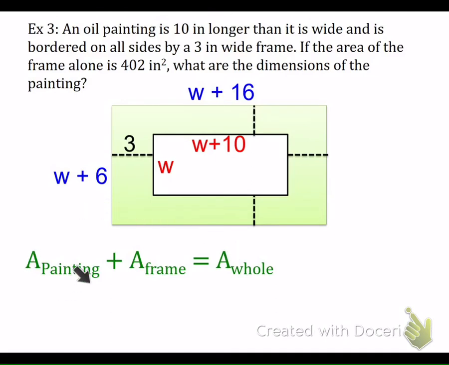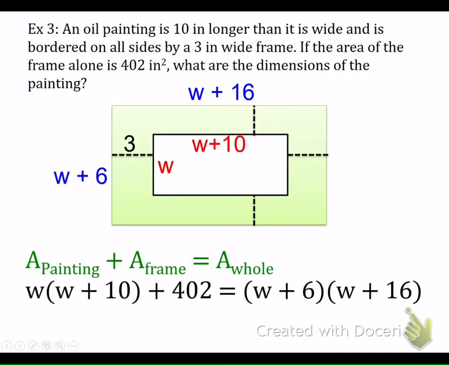This one is when you multiply the red expressions. The whole thing is when you multiply the blue expressions. What am I going to put right here? 402. Look, it's in the directions. I don't have an expression to represent just the green, but that is the value they gave me in the directions.